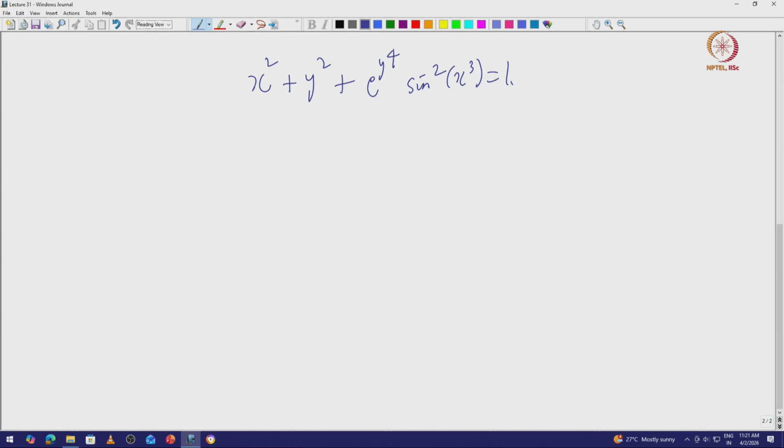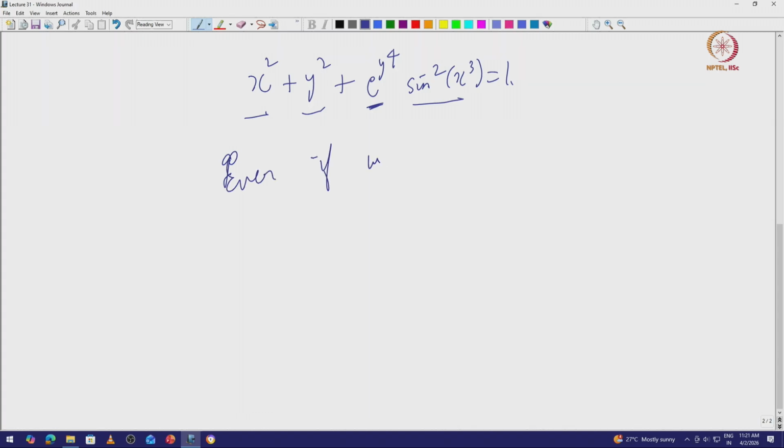If you want to solve for y in terms of x, if you fix x, you will be solving a very complicated equation that is not even a polynomial. Likewise, if you fix y, again for x you are going to solve an equation which is not a polynomial. So it's very likely that there is no explicit formula you can write for the solution, even if there is a solution at all.